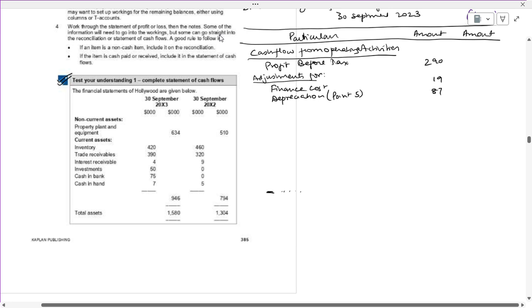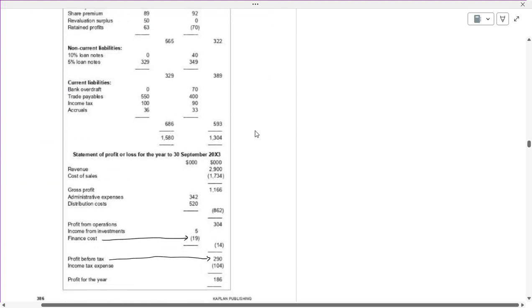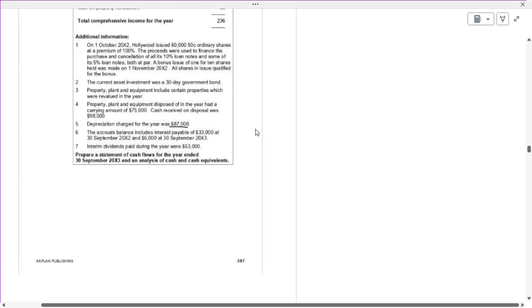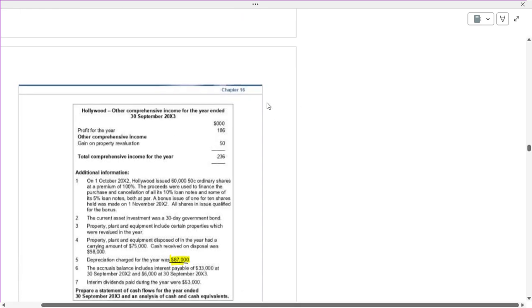Where is it, doctor? I didn't see the depreciation. Just let me see it first. Point number 5. Okay, adjustment. Next, additional information.